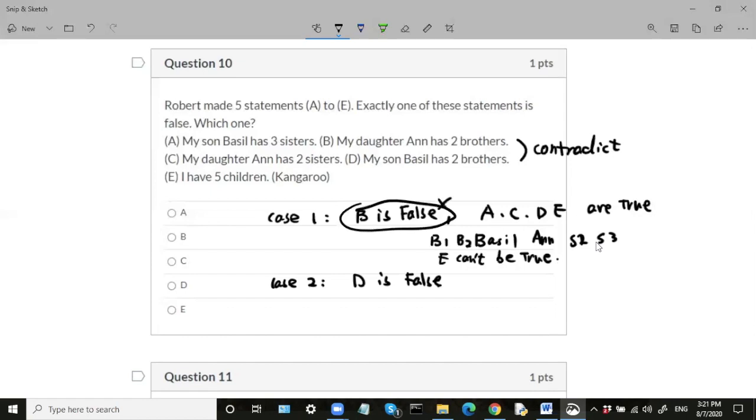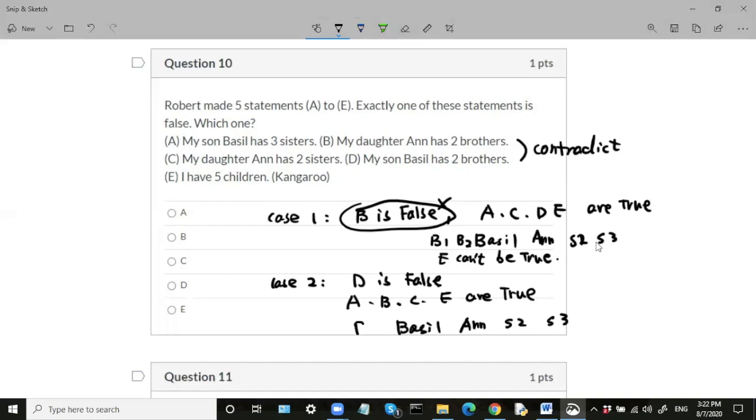Okay, so let's look at case 2. D is false. So if D is false, A, B, C, E are true. A, my son Basil has 3 sisters: sister 1, sister 2, sister 3. And B is also true. My daughter Anne has 2 brothers. So Anne is here, as 1 sister, and has 2 brothers.